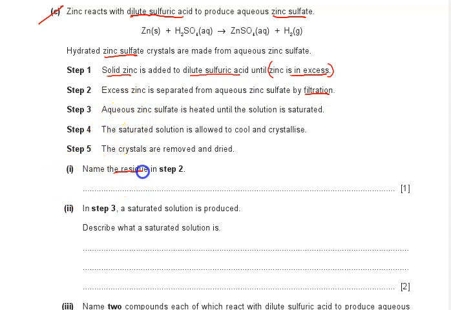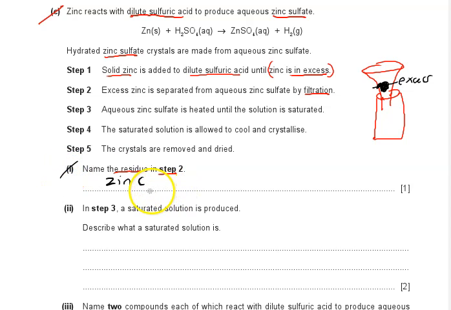Okay, name the residue in step 2. Filtration. So here, remember this, when they are filtrating, the excess zinc will be stuck here. Okay, this is the excess zinc, and this is called the residue. So your answer for the first one is zinc.